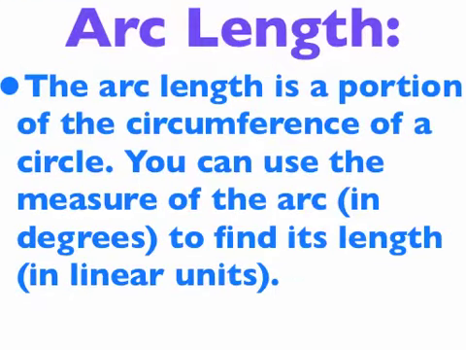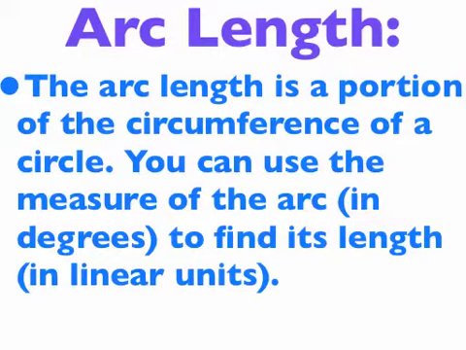Arc length. The arc length is a proportion of the circumference of a circle. You can use the measure of the arc in degrees to find its length in linear units. So far, if you remember, we've talked about arc measure, and we would say that the measure of an arc is equal to the central angle that is intercepting the arc.